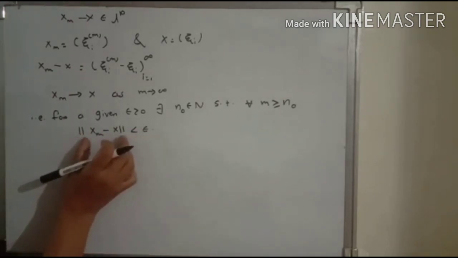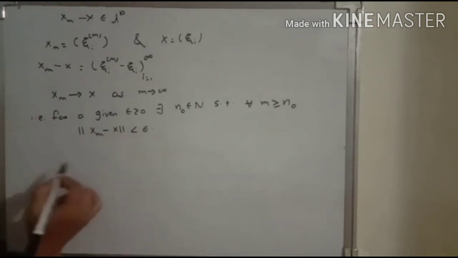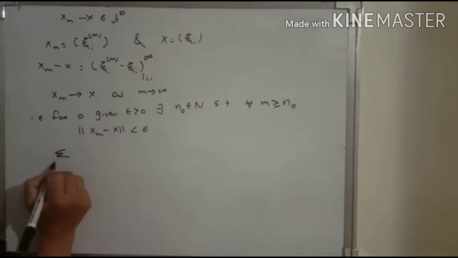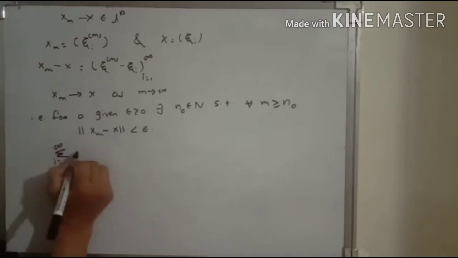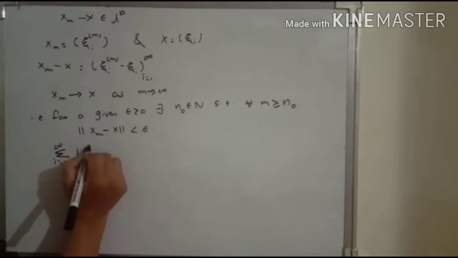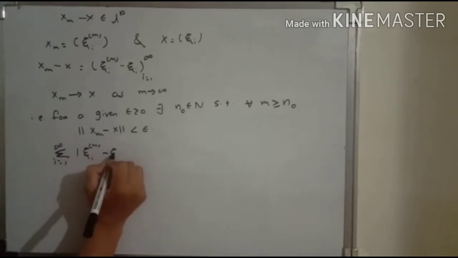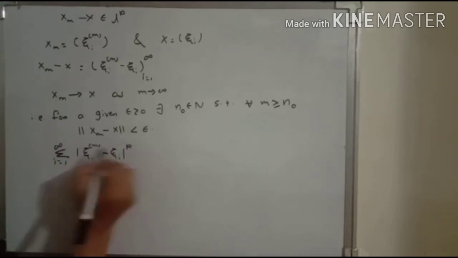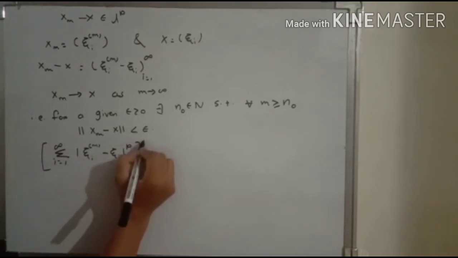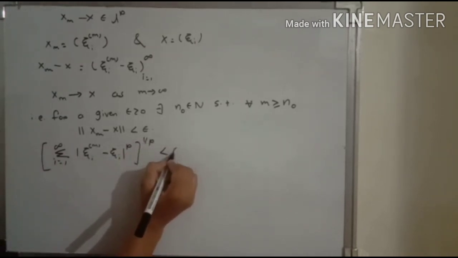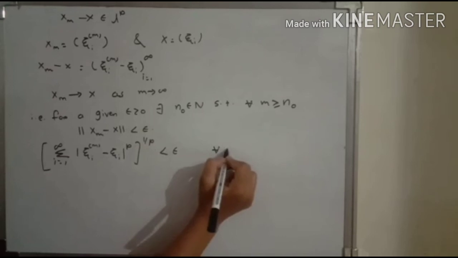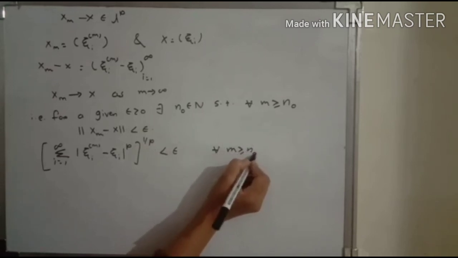Now we put in the value of norm of xm minus x like this. Summation I is from 1 to infinity mod of xi I m minus xi I to the power p, whole to the power 1 by p, that is lesser than epsilon whenever m greater than or equals to n naught.